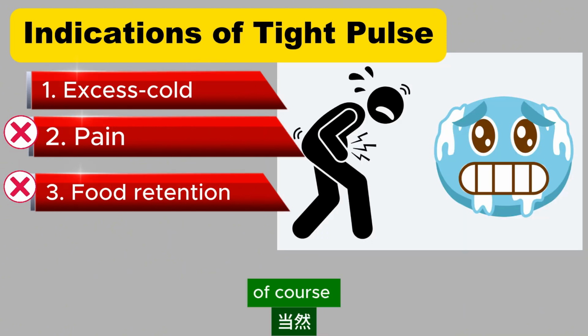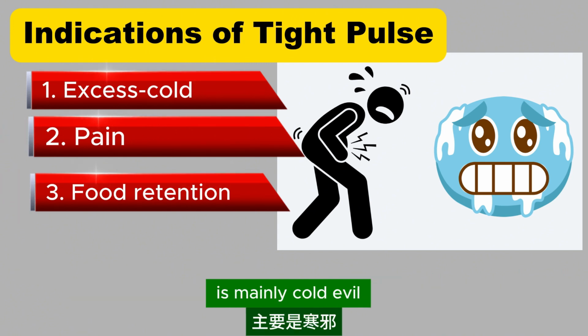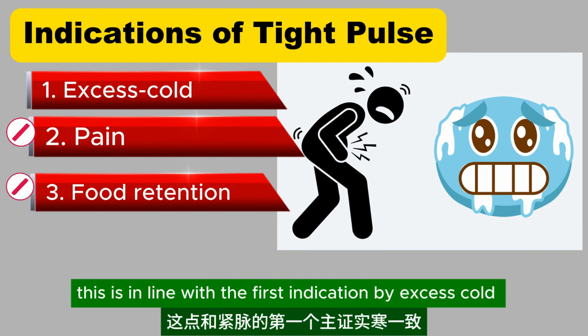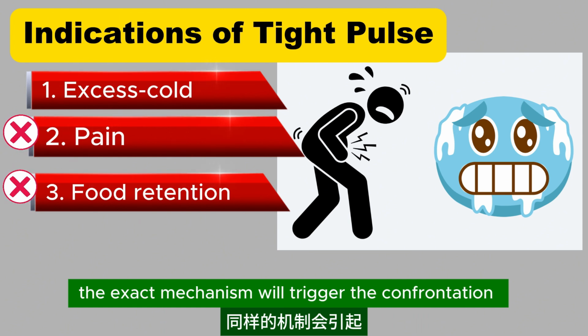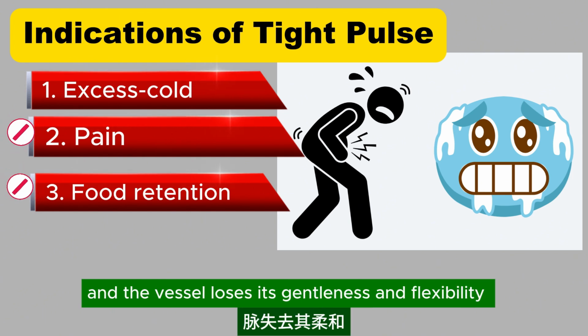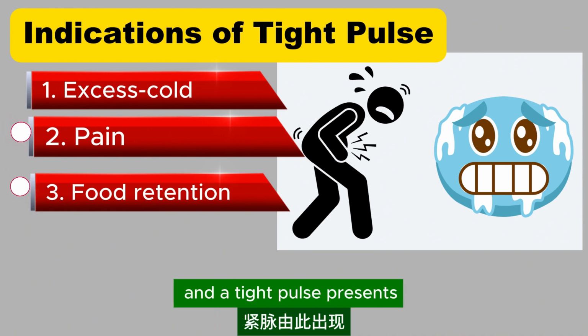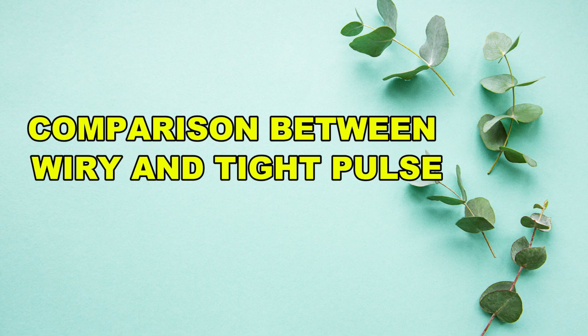Of course, the pathogen that leads to pain and food retention is mainly cold evil. This is in line with the first indication, excess cold. The exact mechanism is the confrontation between the vital qi and the cold pathogen, and the vessel loses its gentleness and flexibility, thus becoming strained and forceful, and a tight pulse presents.